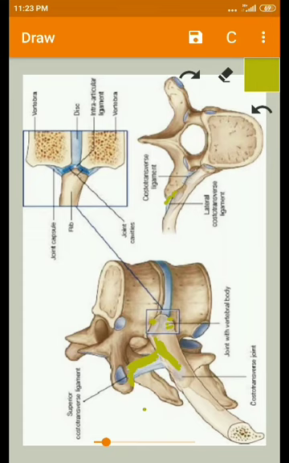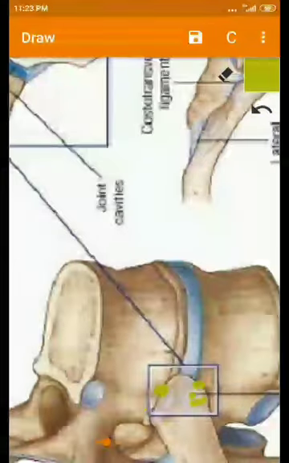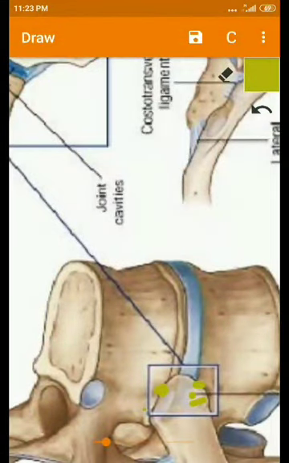And coming to the lateral costotransverse ligament, here you can see it. This ligament stretches from the tip of the transverse process, here you can see the tip, to the rough non-articular portion of the tubercle of the adjacent rib.